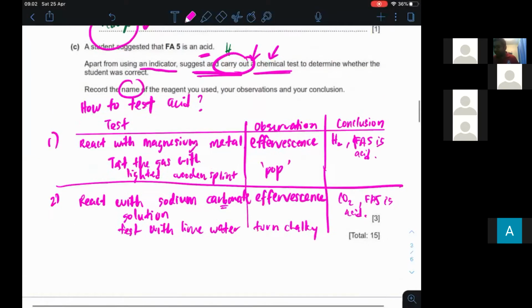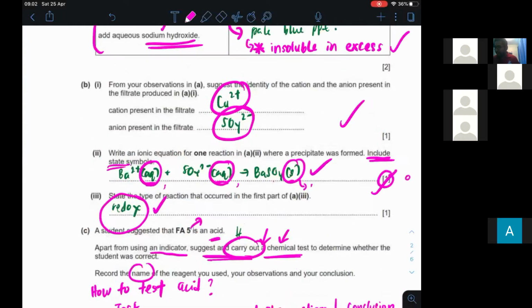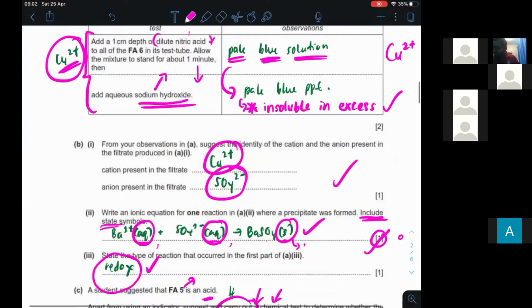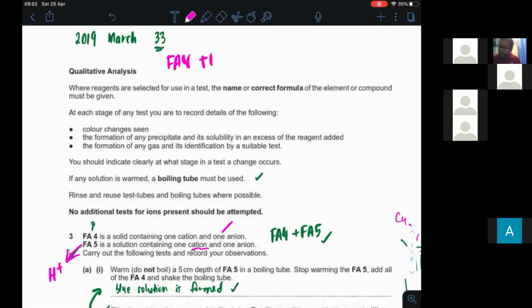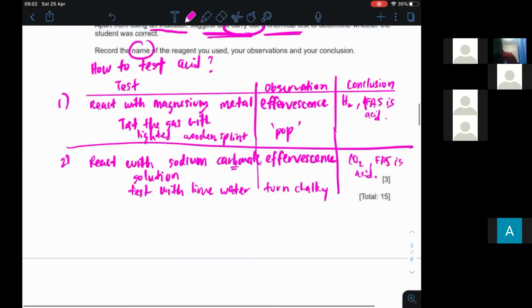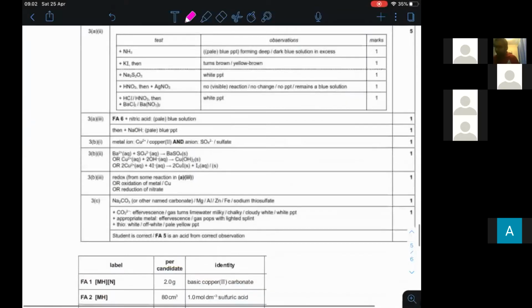Why? Because it's an acid, and it's going to have SO4. So sulfuric acid. Now, FA4 they have mentioned is copper(I) oxide.